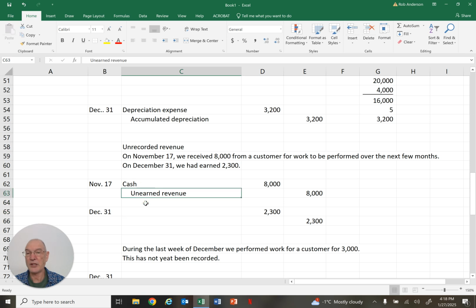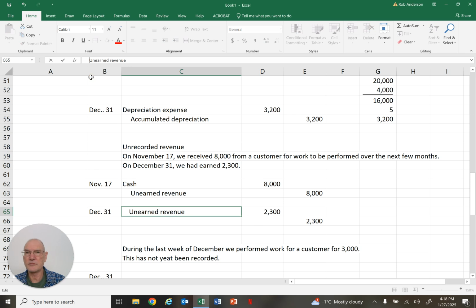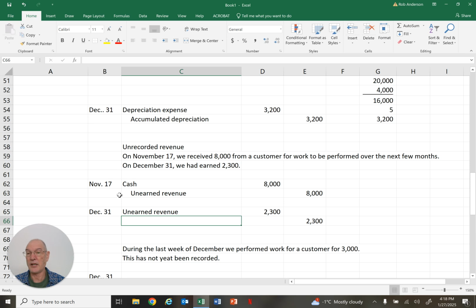So this liability, unearned revenue, goes down because effectively we have paid off $2,300 of this liability by doing work. So there's debiting the liability to reduce it, and then this would just be your revenue account, you know, cleaning revenue, service revenue, legal revenue, whatever it is.